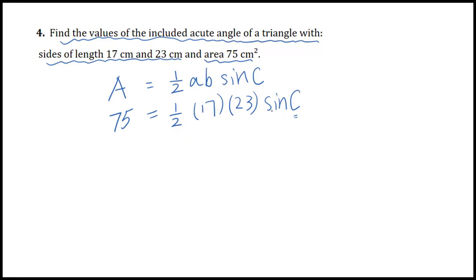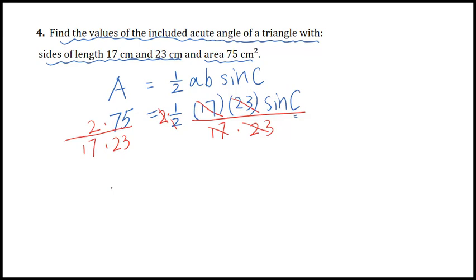First of all, we need to isolate the sin C on the right side. Therefore, we will multiply by 2 both sides. So that reduces here. Then divide by 17 both sides. Then divide by 23 both sides.